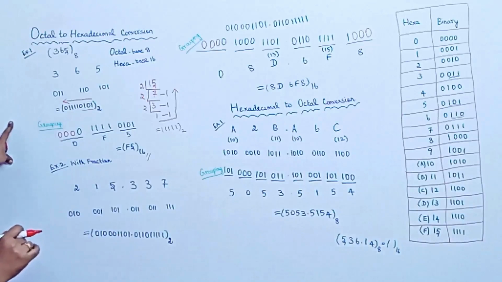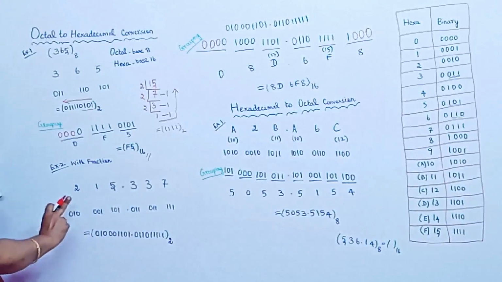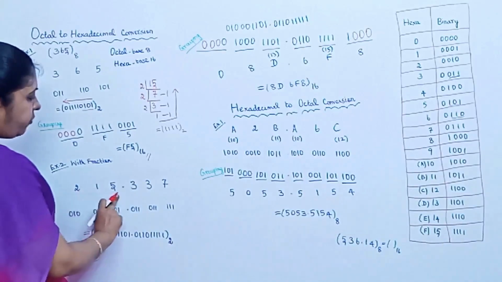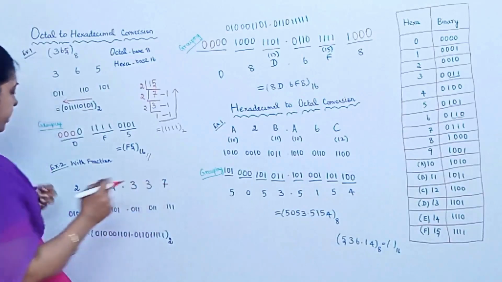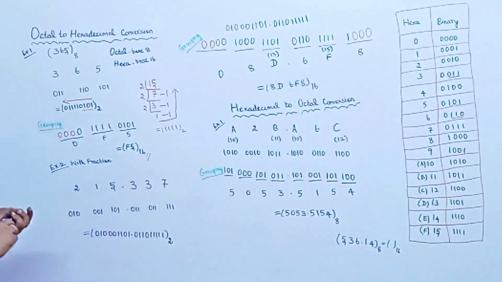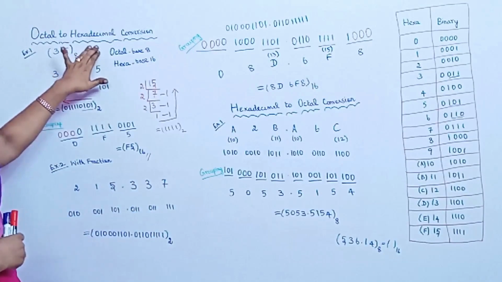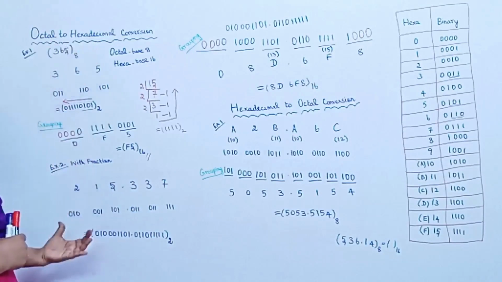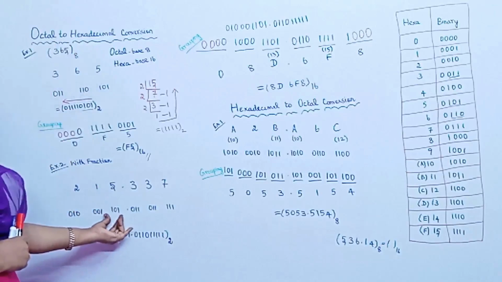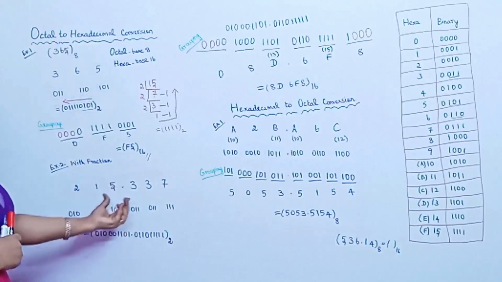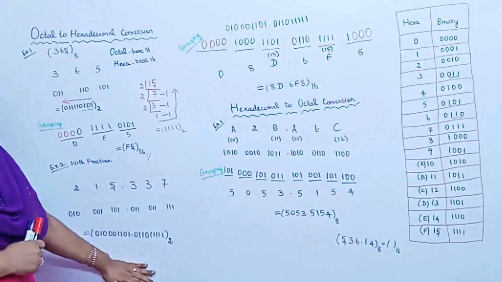Now we have to calculate for a fractional part, and see how the grouping differs there. Consider another example, 215.337. The octal number has to be converted into hexadecimal. The base idea is that by 3-digit binary value substitution, we first convert it into binary.